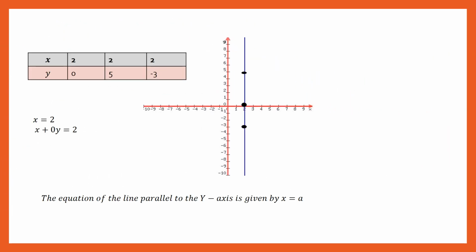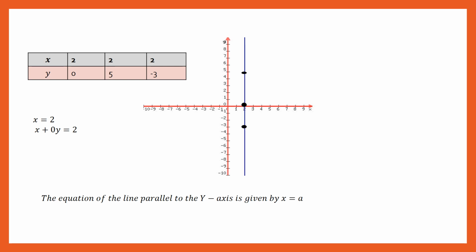Here, the equation is x minus 2 equal to 0, which shows that x equal to 2 is the solution. If we write the equation as a linear equation in two variables, it will be x plus 0y equal to 2, where y can be given any value, but the value of x remains the same.